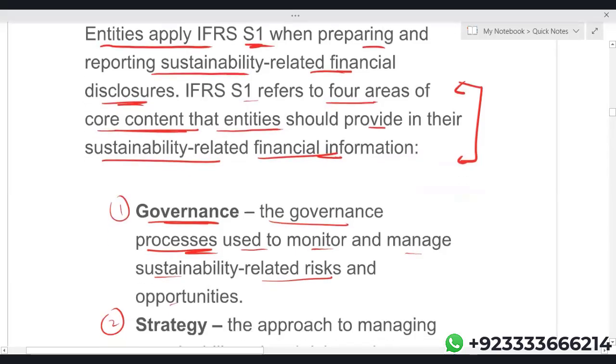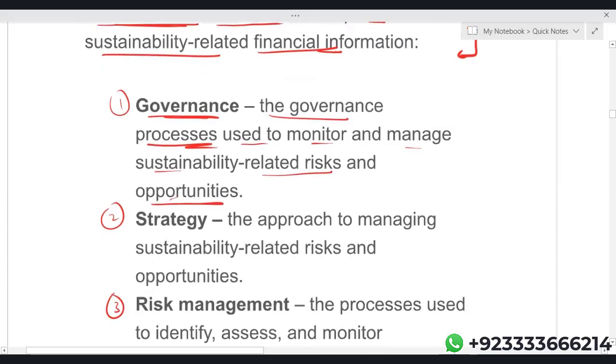In governance, basically, you have to tell us the process which your entity is using to monitor and manage sustainability related risks and opportunities. Strategy: the approach of managing sustainability related risks and opportunities. This is strategy, related with managing. Here we are just monitoring.